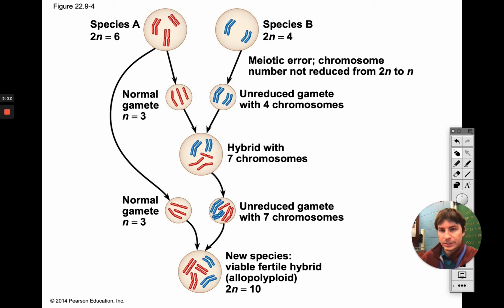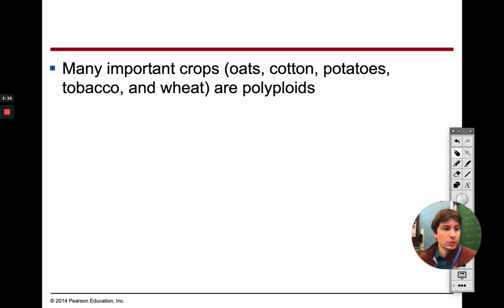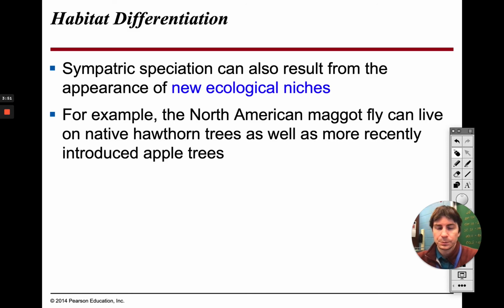This is almost the same as the previous picture, but we have two different species coming in, and we still have errors during chromosome separation. A lot of this stuff with polyploidy doesn't apply to humans or animals that much. Most of it applies to plants. That's the big one, so most of what we see is in plants rather than animals.